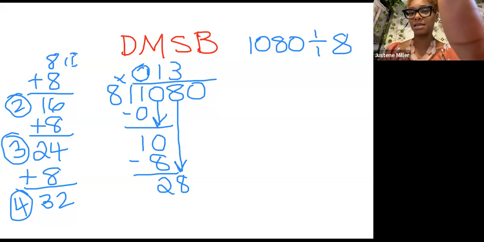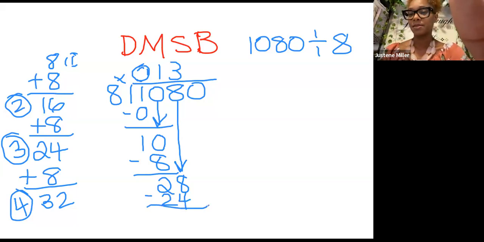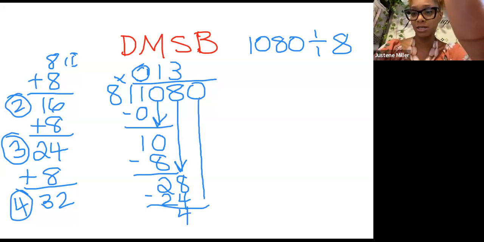And 3 times 8 makes 24. So I am subtracting 24. Well, 28 subtract 24 is 4. Last step, with the arrow, bring it down.